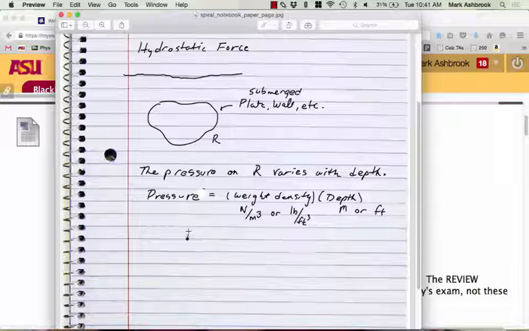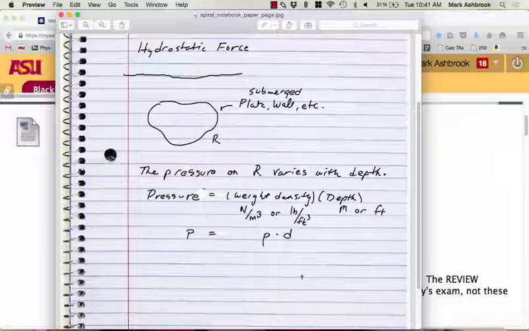So it's P equals, they use rho, weight density. Rho times d. Again, if you're in metric and they give you the mass density, you're going to need to multiply by 9.8 to get the weight density of the fluid.